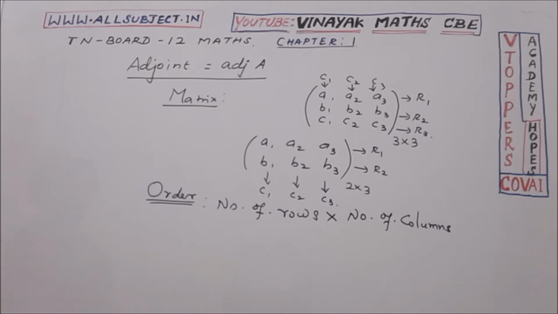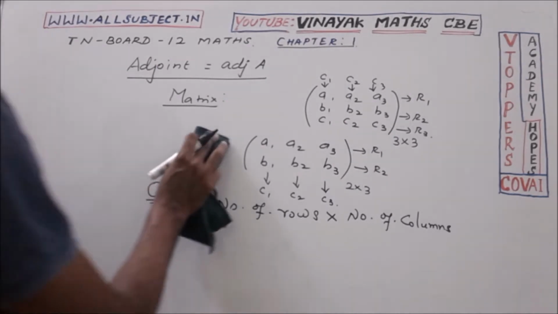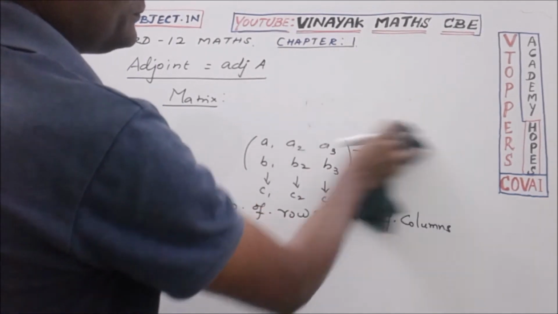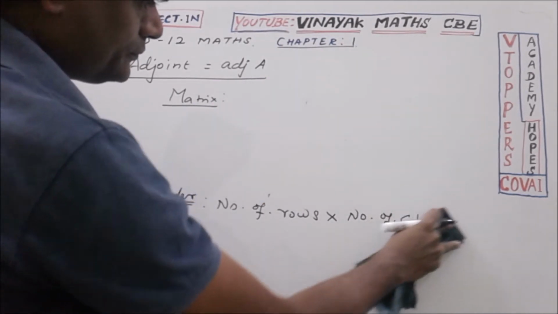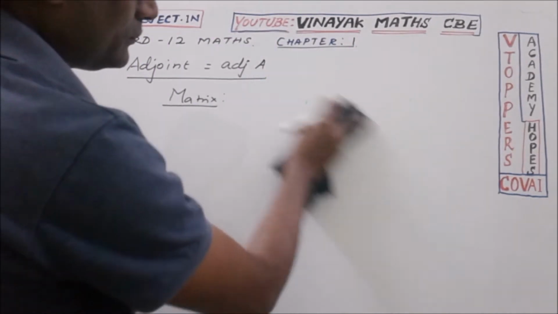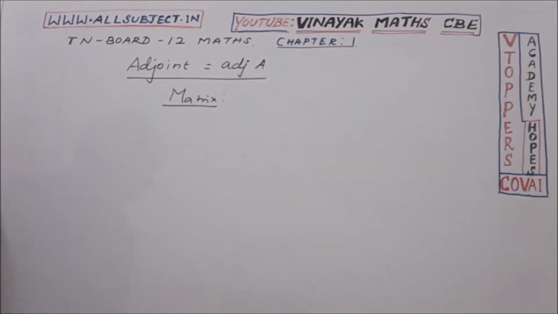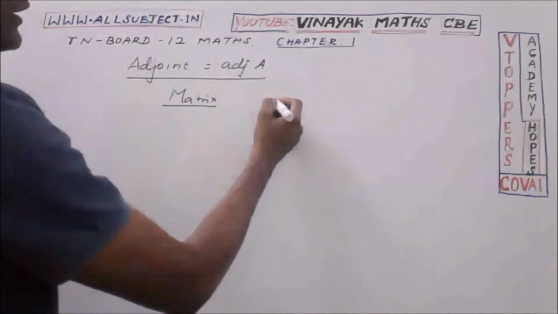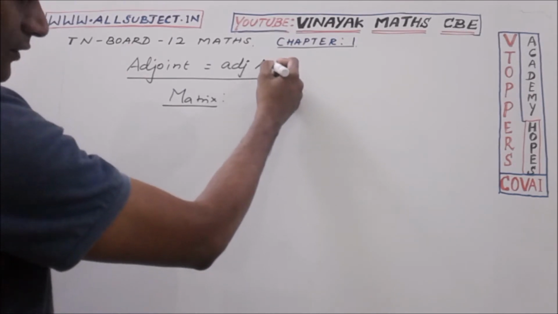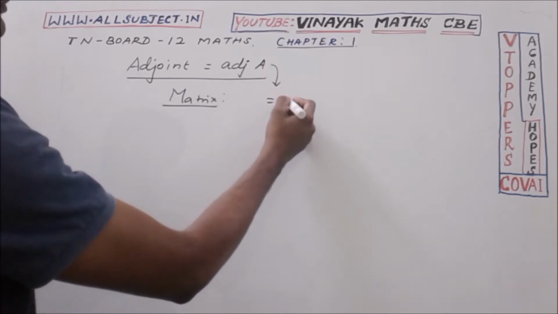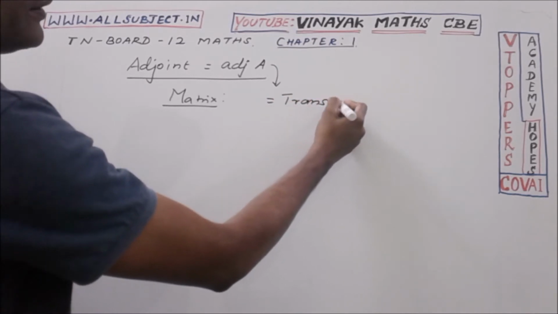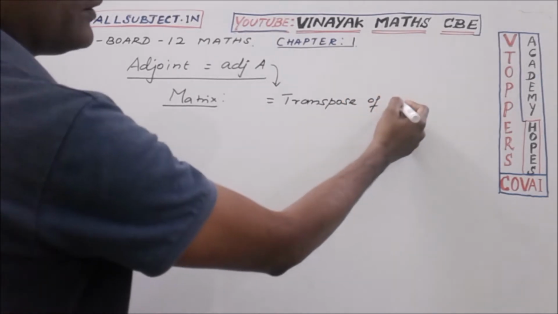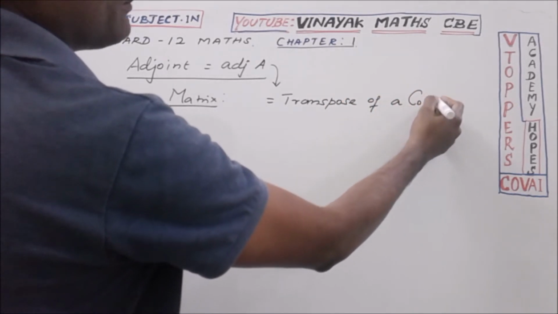What is adjoint? The adjoint of a matrix is the transpose of the cofactor matrix.